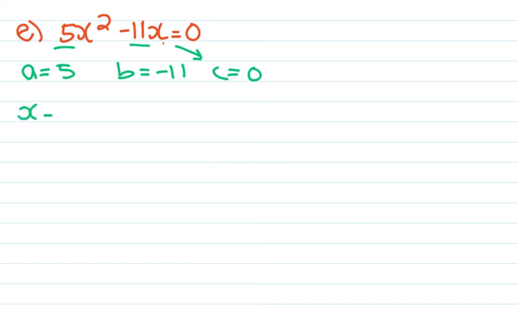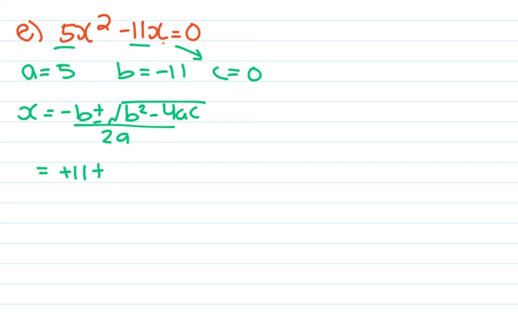So the quadratic formula, x equals negative b plus or minus the square root of b squared minus 4ac divided by 2a. B is negative 11, so negative b would be positive 11, plus or minus the square root of negative 11 squared minus 4 times a is 5 and c is 0.